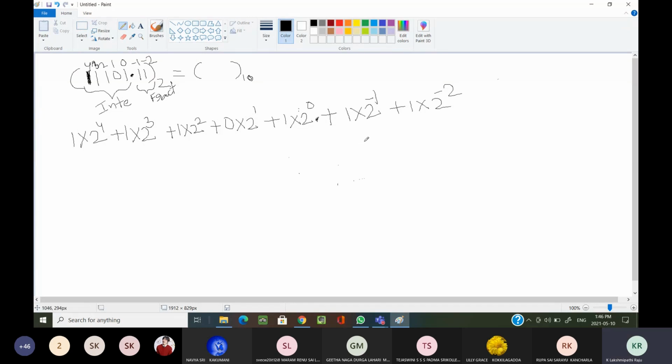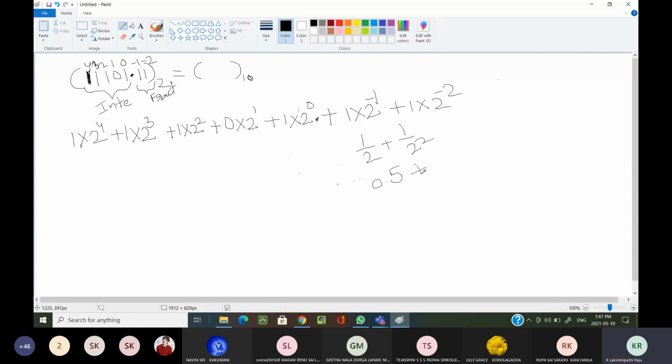Now we can write this as 1 by 2, plus 1 by 2 square. 1 by 2 will become 0.5, and 1 by 4 means 0.25.